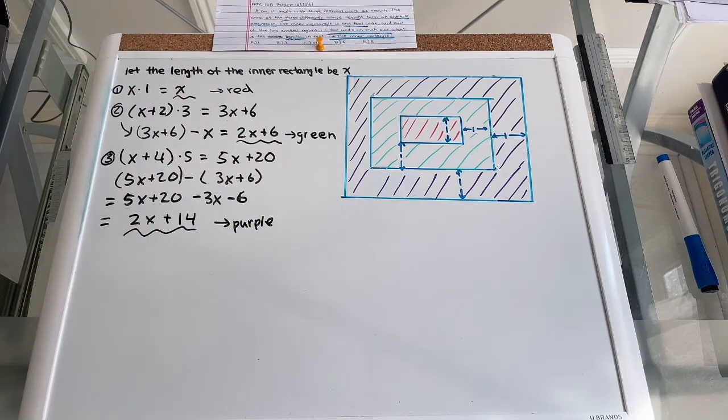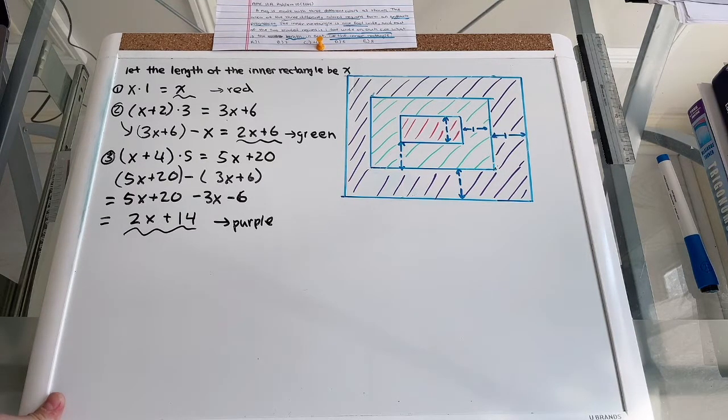Now it says that the areas of the shaded regions, which are red, green, and purple, form an arithmetic progression. So first we have to know what an arithmetic progression is. An arithmetic progression, if you see my other video, is also known as an arithmetic sequence, and this is just a sequence of numbers such that the difference between consecutive terms is constant.